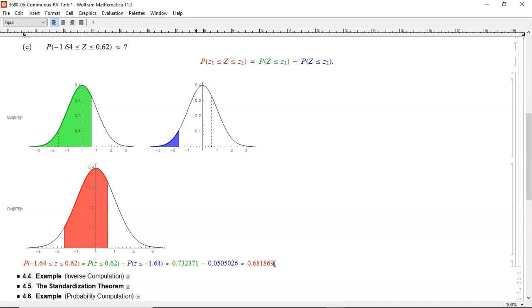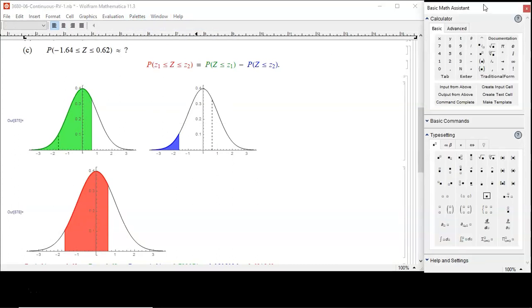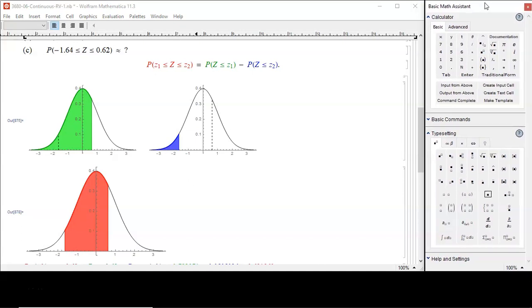Here I use Mathematica, so I have 6 decimal digits, but if you use a normal table, then you're going to get 4 decimal digits, a little bit less accurate, but that's okay. Okay, let's go back and get this basic math assistant back so that I can write more effectively.